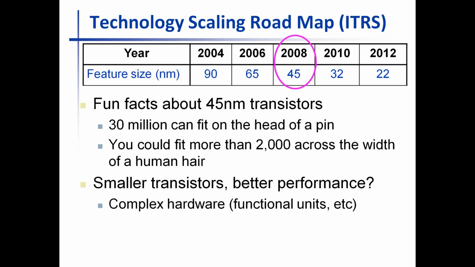We had a lot more transistors on a chip all of a sudden, and with those transistors, we build more complex circuitry which can perform more complex tasks in the same time, right? So that is one way we could build complex hardware. Therefore, we could improve performance.